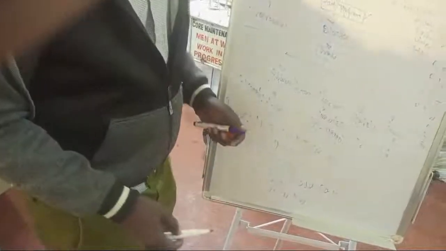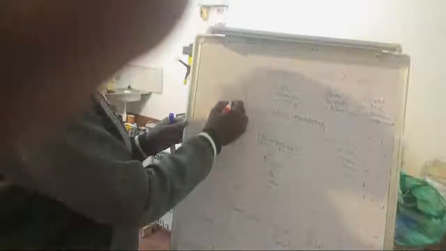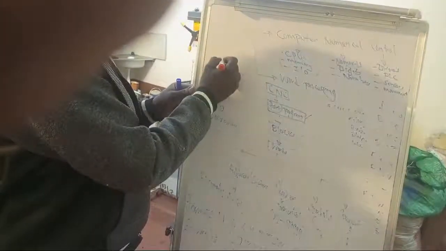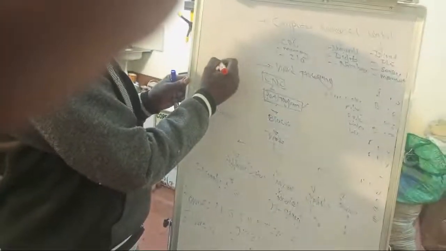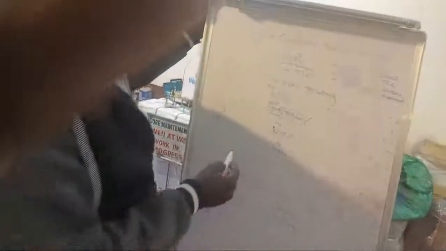CNC machines use letters or addresses. An address is where the machine goes, like a store. You have a store, you have shelves, let's say A, B, C, D, E, F. When you say go and give me file number A, it will go to address A and retrieve the file.